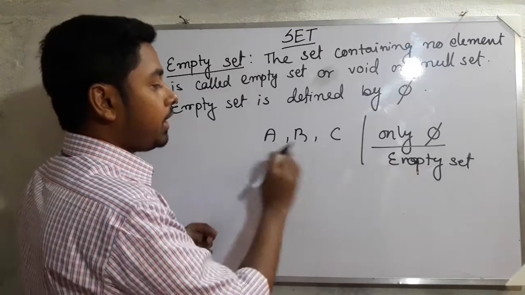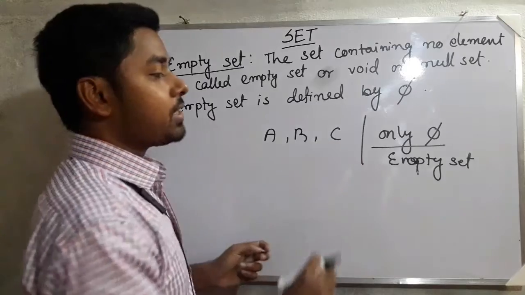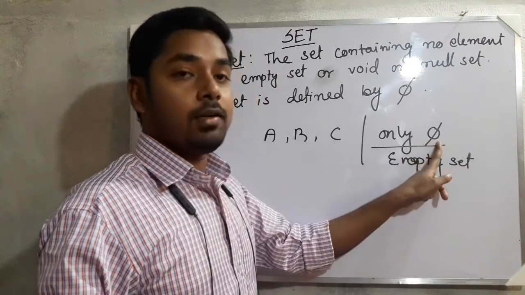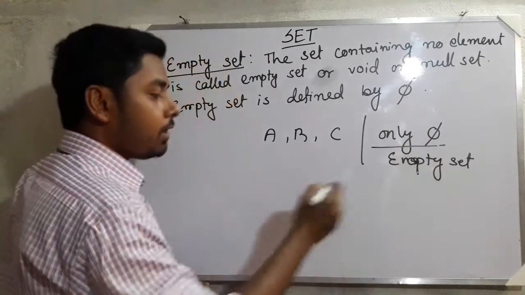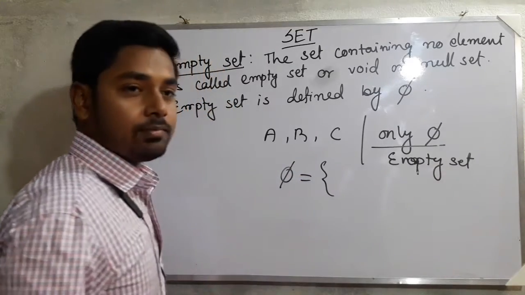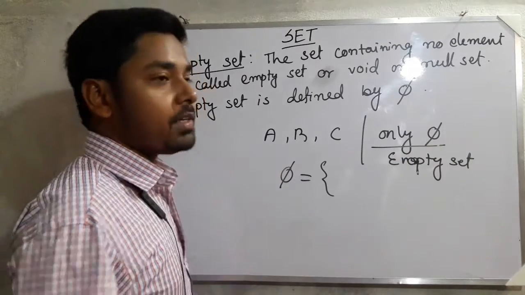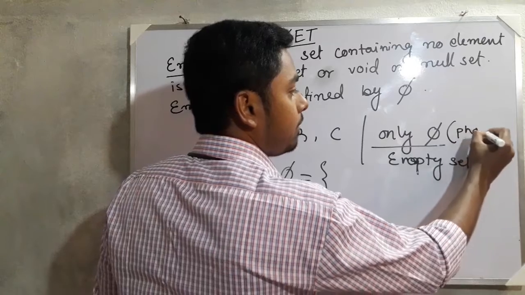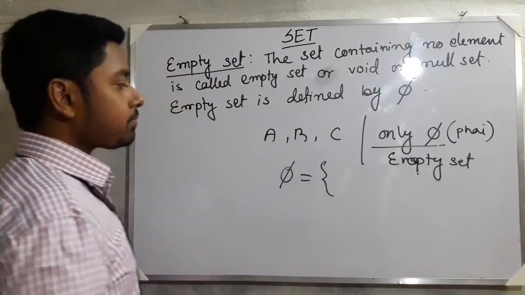You cannot take A equals the empty set, or B, or C, but you can take phi only as the empty set. Phi means the empty set. Wherever you are writing the empty set, you have to write phi equals to the set. Now we have known that phi is the empty set, and the name of this notation is phi.